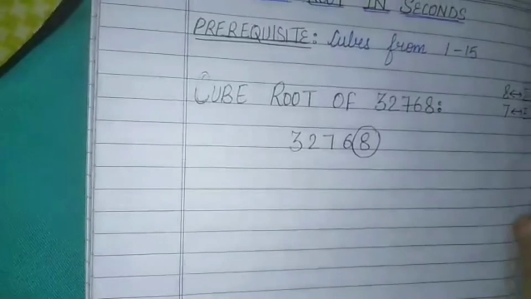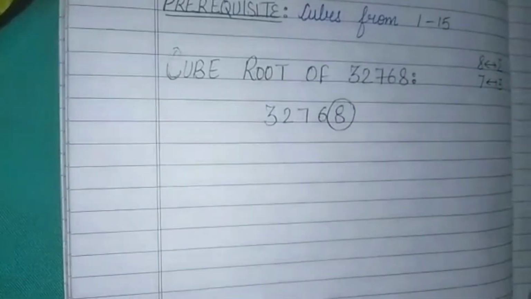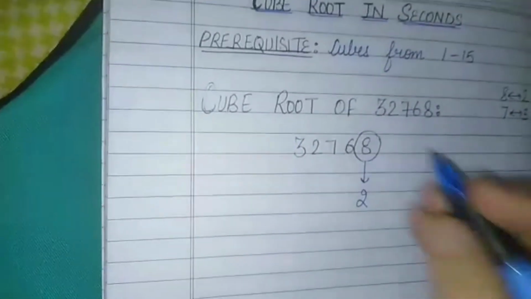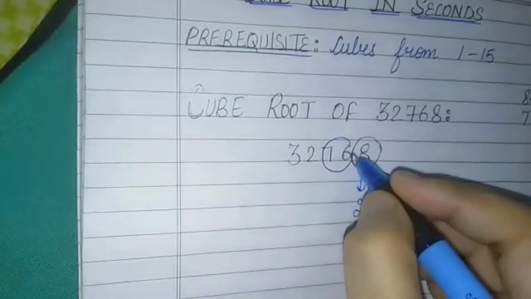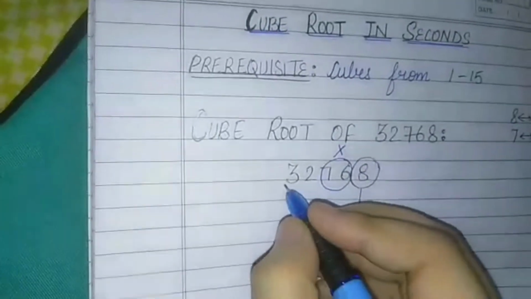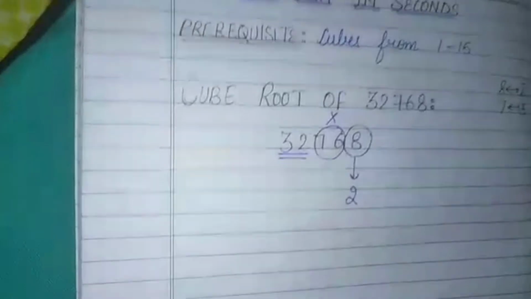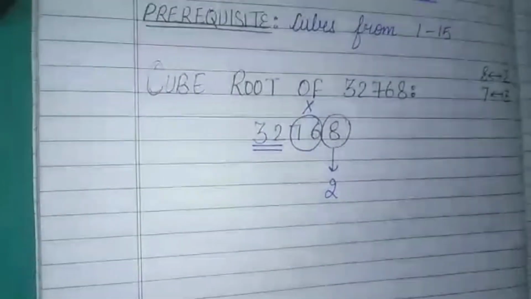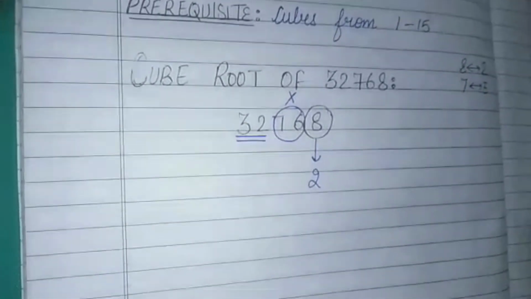Here it is 8, so we are going to replace 8 by 2. Next we are going to cancel out the next two digits, that is 76, and then look at this 32. Now you have to check. Here our previous knowledge of cubes from 1 to 15 will come in.